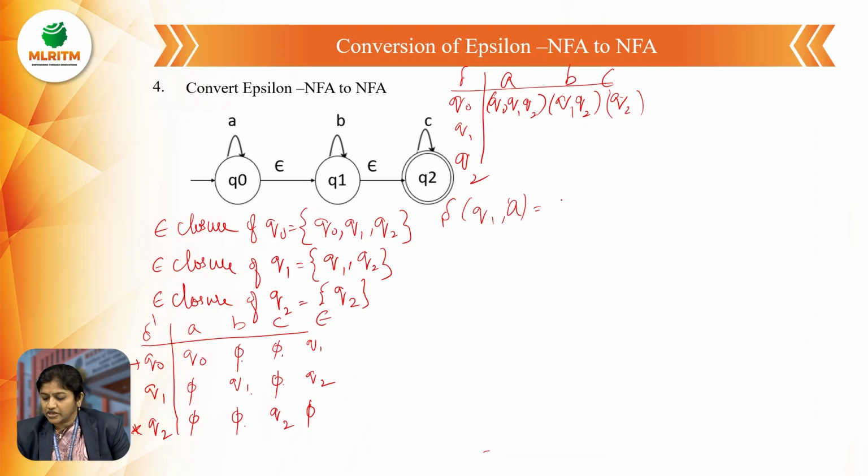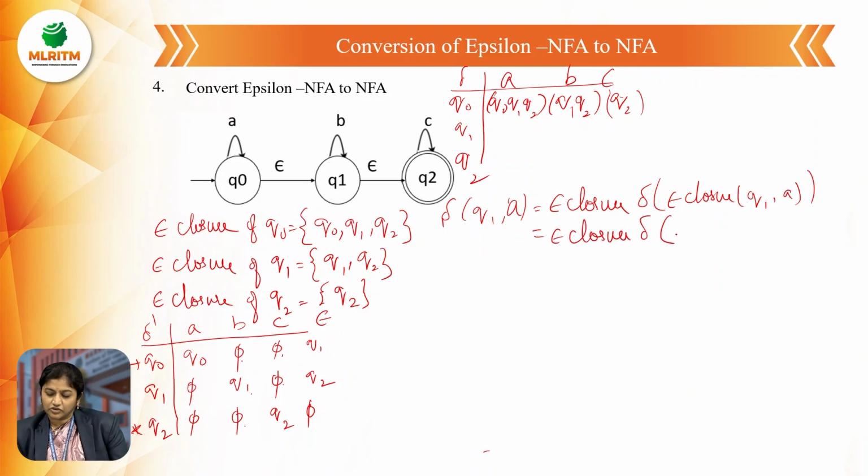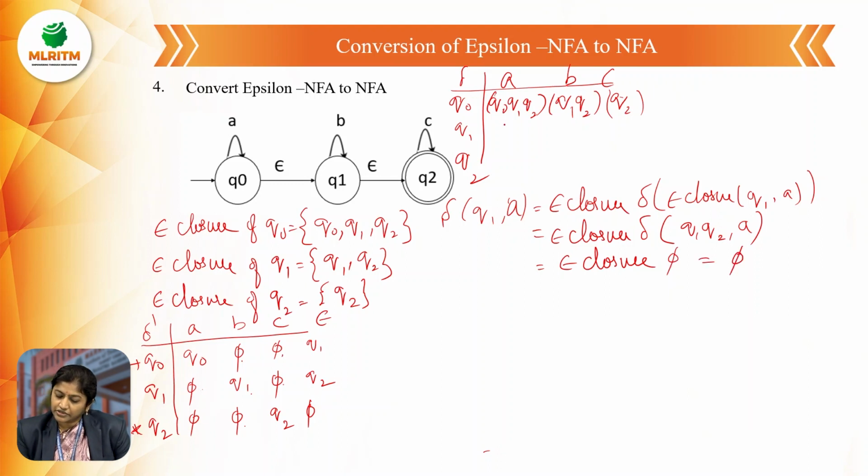This is epsilon closure of delta of epsilon closure of q1 on A. Epsilon closure of q1 is q1, q2, on A. q1 on A is null. q2 on A is again null. So this will be null. I'll write that in the table.